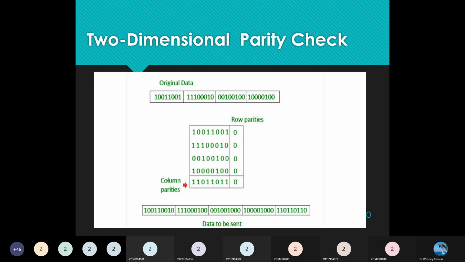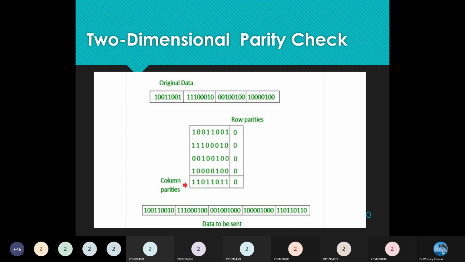These parity bits are sent along with the data to the receiver, and the receiver at the other end will compare the parity bits with the parity he calculates, and come to a conclusion whether there is any error. If there is an error, he will reject the data. If there is no error, he will accept that particular data. This is a two-dimensional parity check.